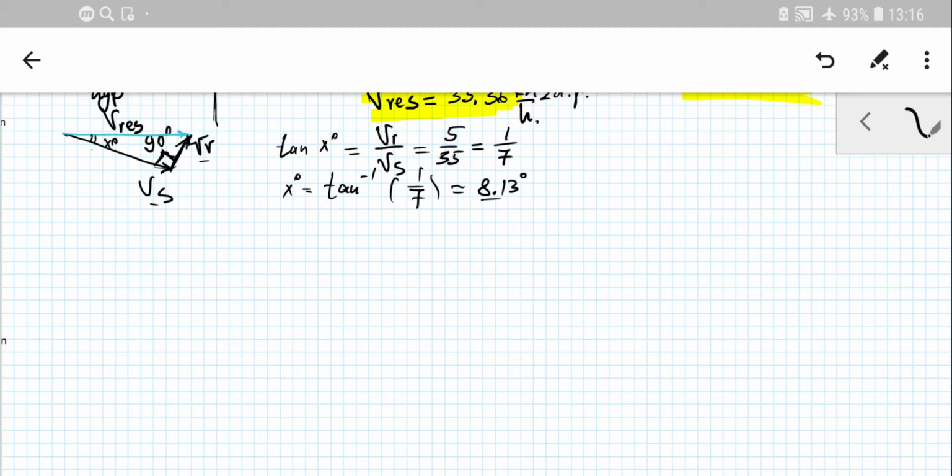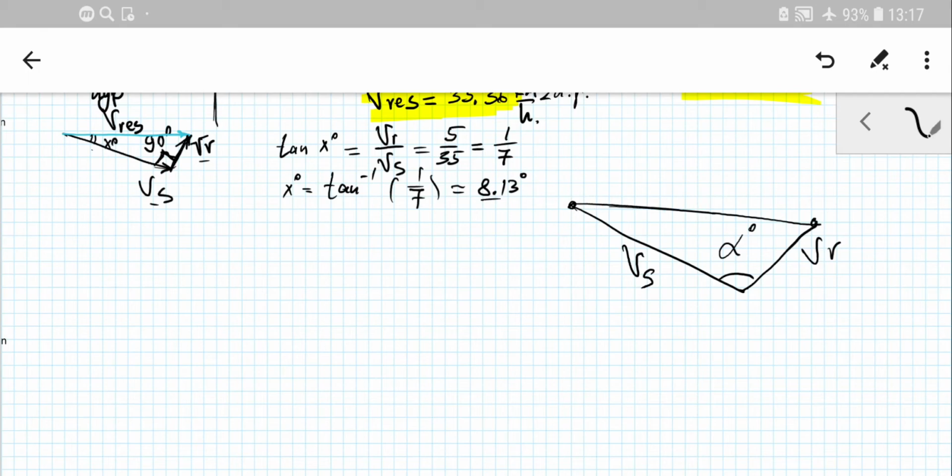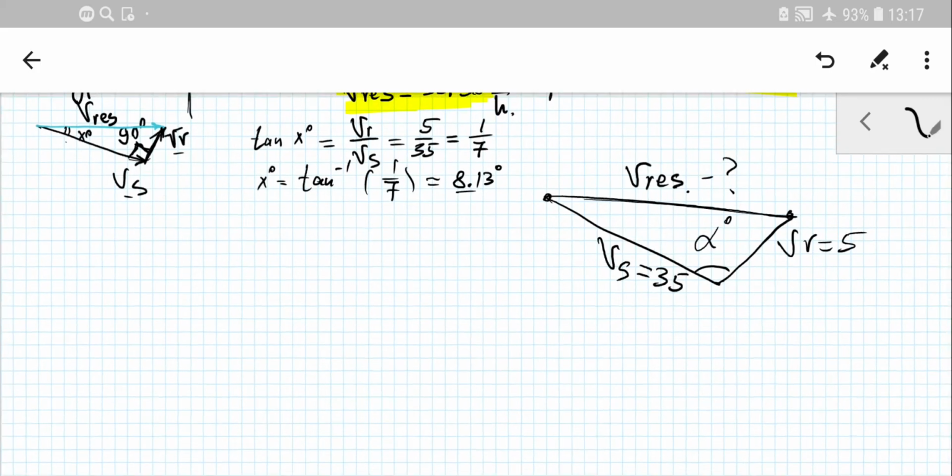So let's pretend that your angle between VS and VR is not 90 degrees, so some angle alpha. And anyway, we need to establish the length of the side, which is V resultant. You know that's 35, you know that's 5, so find the value for V res.